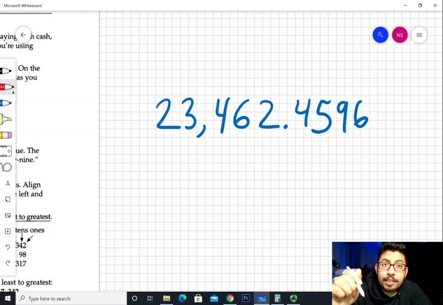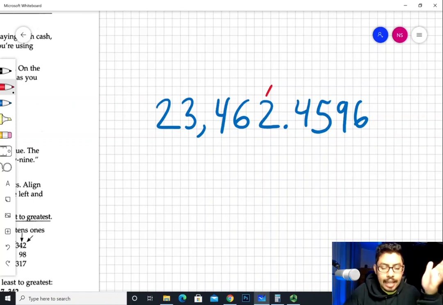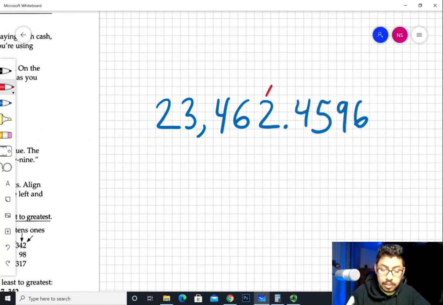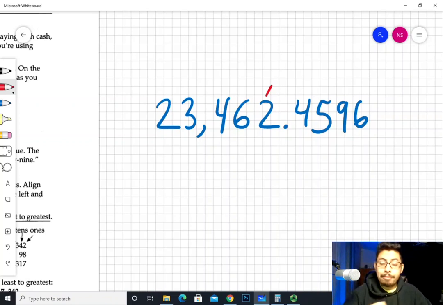The first place value that's important, which is why I just went over this hidden decimal, is the last number. If you're given a whole number, it's your last number. If you're given a decimal, it's the number in front of the decimal point. That, my friend, I like to call the anchor point. It is called your ones place.